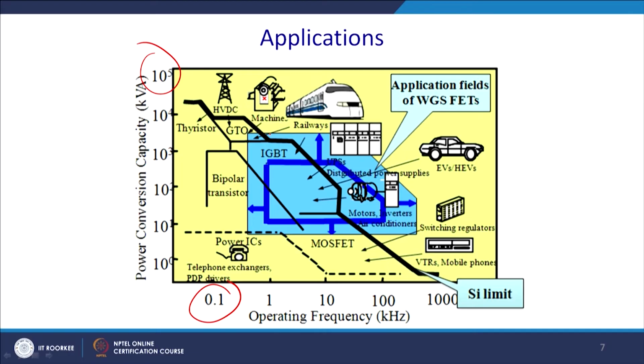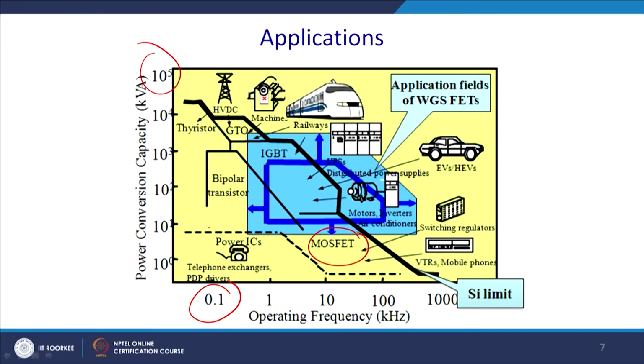Thereafter you go to higher frequency and a little less power, then it comes to the MOSFET. The bipolar transistor has seen the lowest usage nowadays due to the advent of the IGBT. So, generally the bipolar transistor has been phased out in most cases.